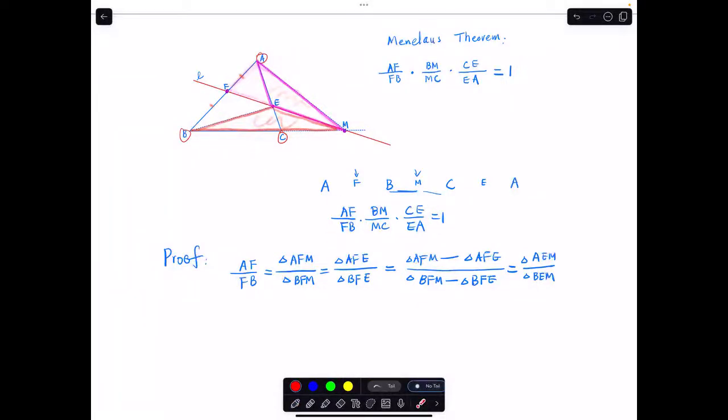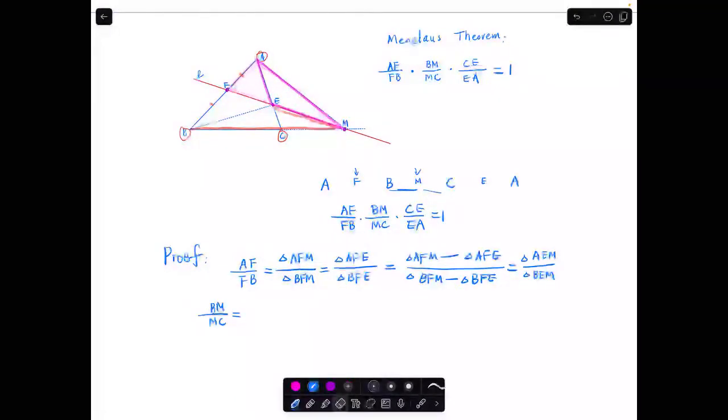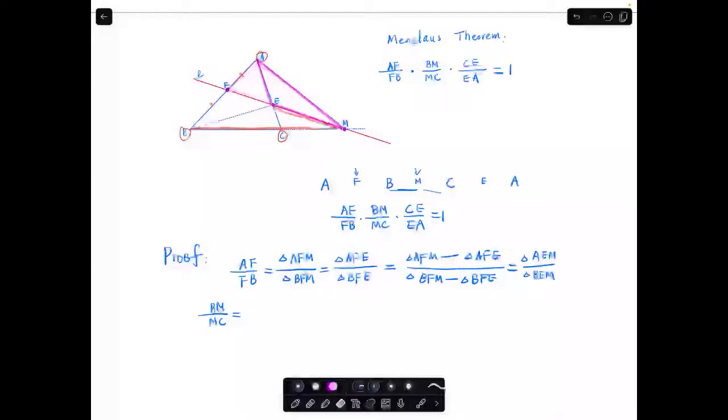Okay? That's AF over FB, the first part, right? Now, how about BM over MC? So, BM over MC, right? Let's erase all the marking here. All right, erase it. Erase that. And erase this one also, right?